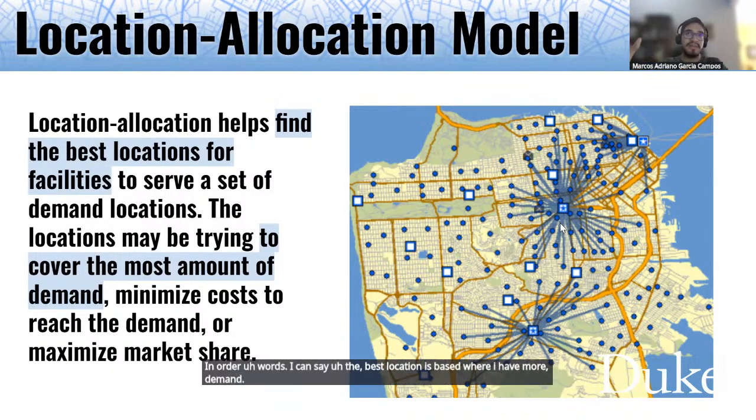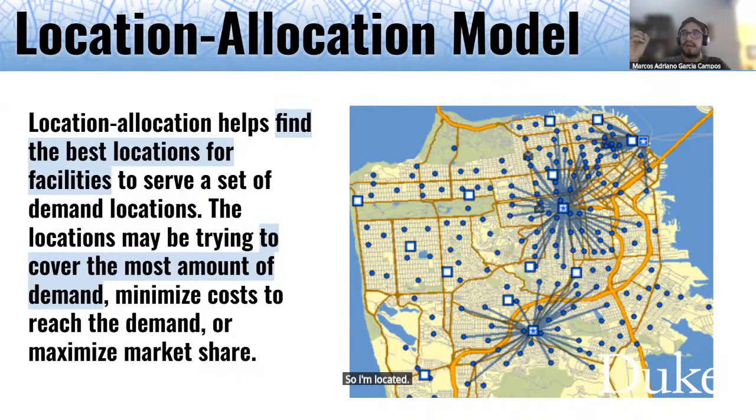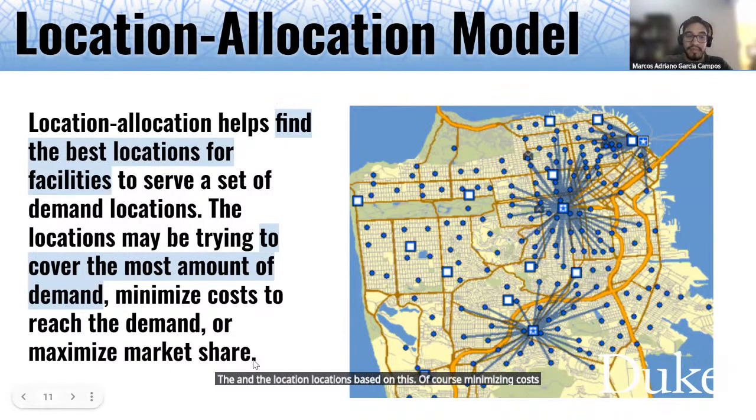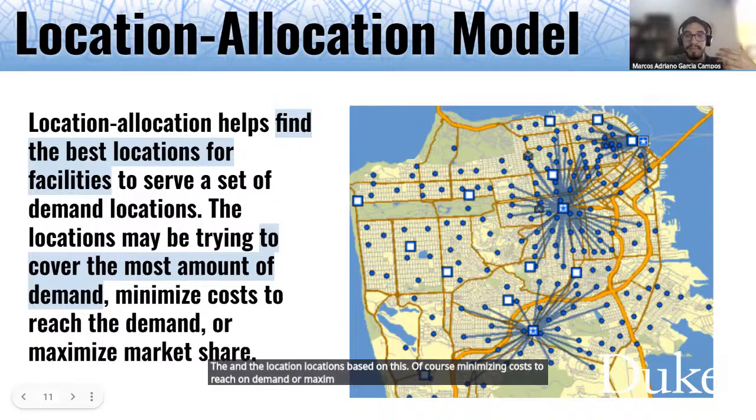So I will locate a business, a health service, a fire station, a store, I don't know, where I have a demand for that service. And the location allocation is based on this. Of course, minimizing costs to reach demand or maximize market share.